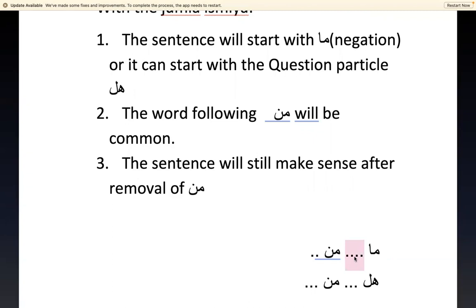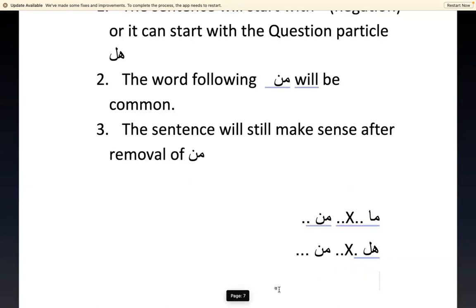Always you will have some harf jar and majroor. Okay, so this ma something, I can say this x here, so ma x, min x. So this x will be mostly harf jar wa majroor.